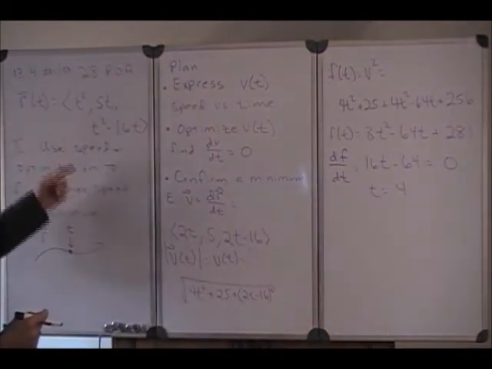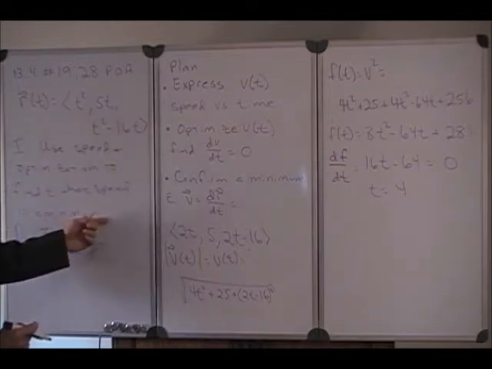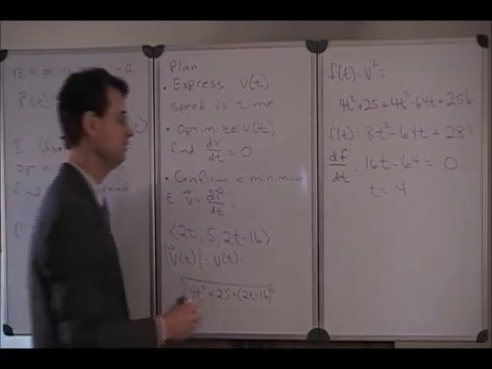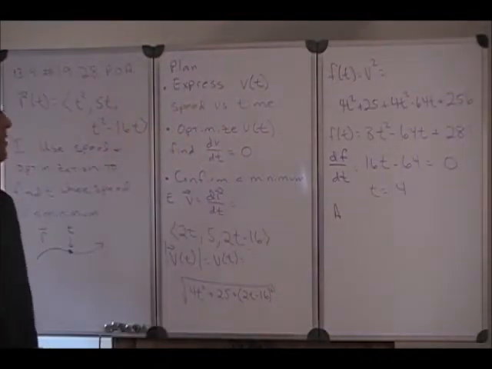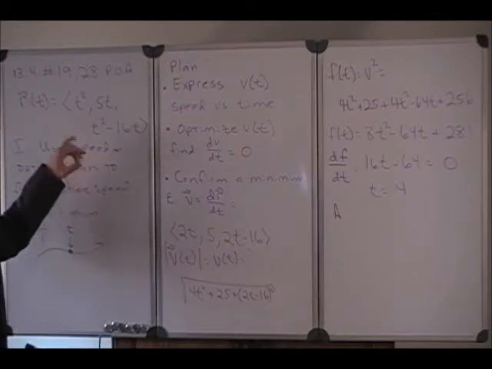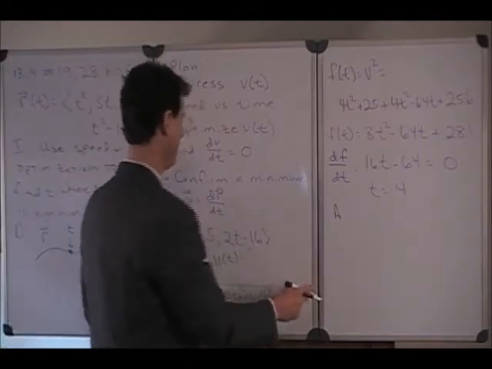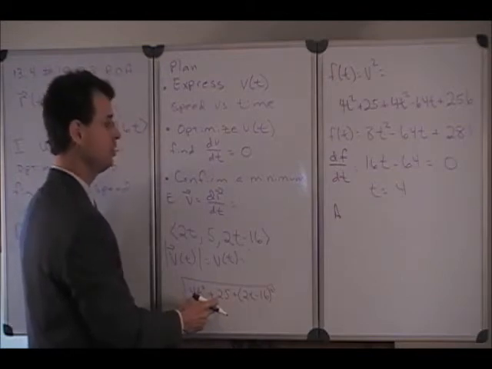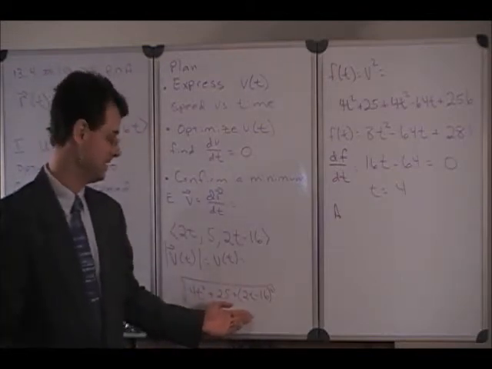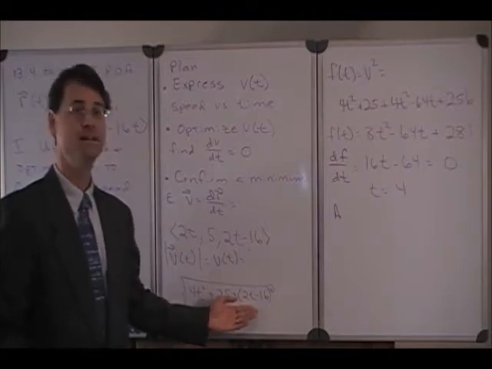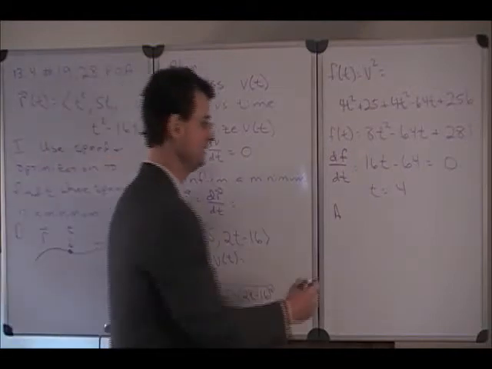So the answer is, when is the speed a minimum? Well, the speed is a minimum at t equals 4. So how would we assess? How would we double check? Well, if we graphed, not the original function, but if we graphed v of t, we should be able to visually inspect the graph and see that this function here has a minimum at t equals 4.